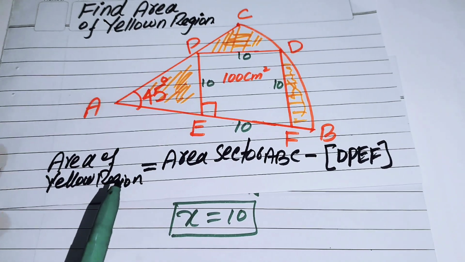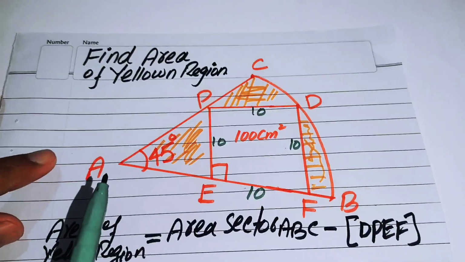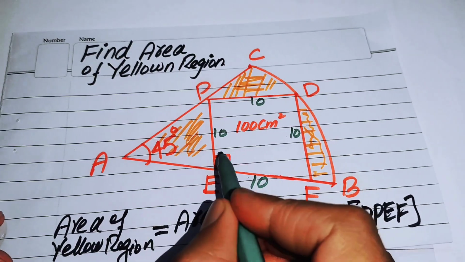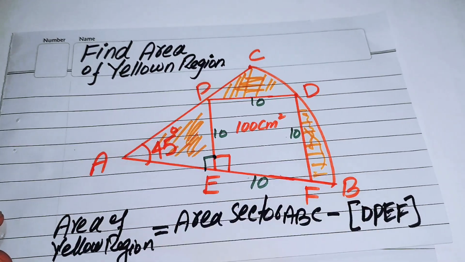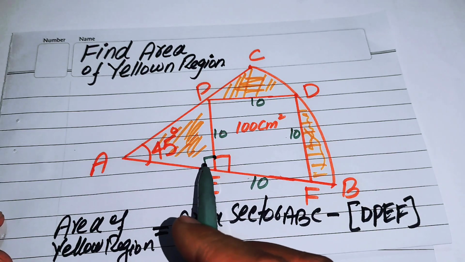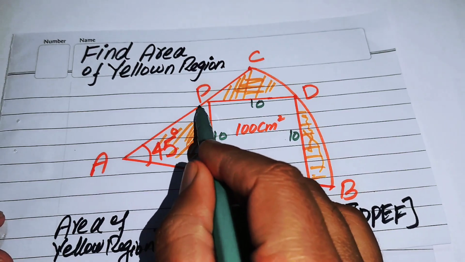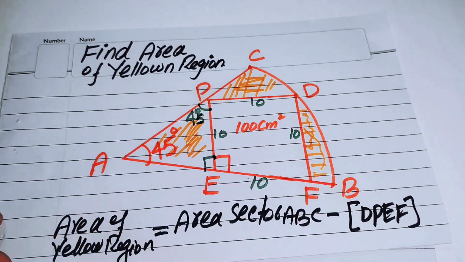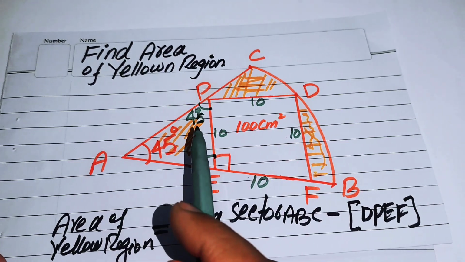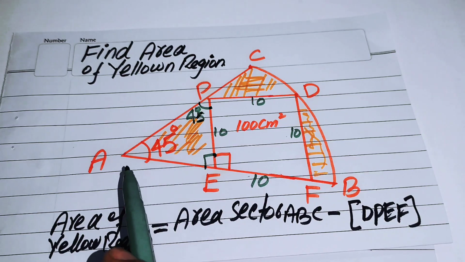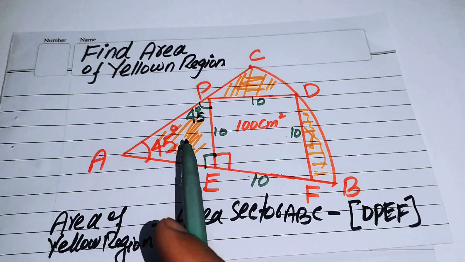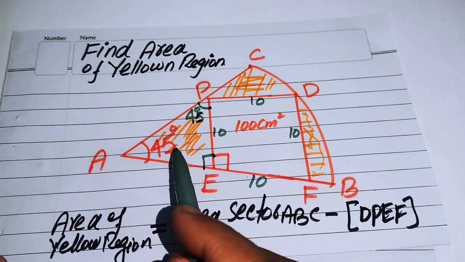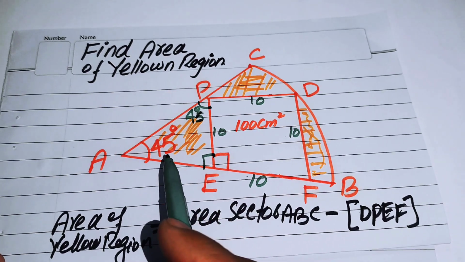After that you will see we have this angle of 45 degrees and this angle of 90 degrees, and when you subtract 90 minus 45, you easily get this angle is 45 degrees. So the two angles of this triangle AEP are 45 degrees, which means the triangle is isosceles.